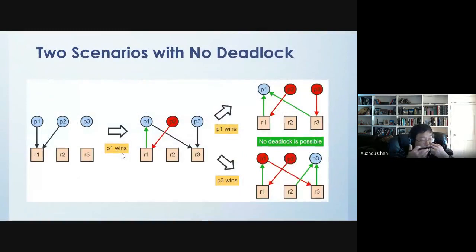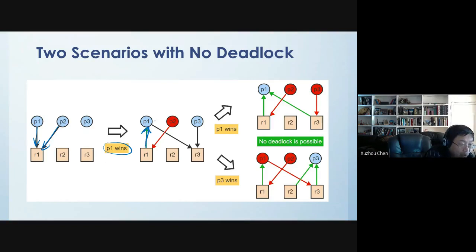But if we slightly switch it, let's say P1 and P2 both request R1, and P1 wins. So P1 gets R1, and P2 has to wait.